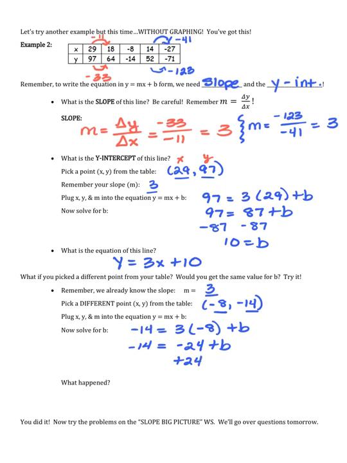Add 24 to both sides, and 10 is equal to b. What happened? I got the same y-intercept as I did before. So again, it doesn't matter which 2 points from the table you use to figure out your slope, and it doesn't matter which point you use as your x and your y value to put into y equals mx plus b. And so again, our final equation is y equals 3x plus 10, okay?